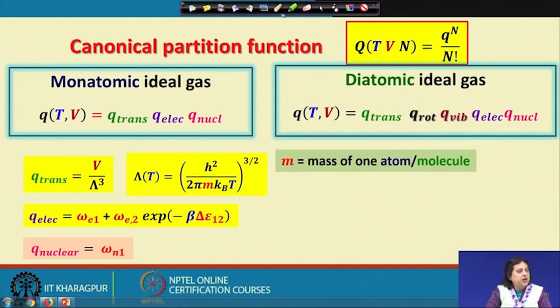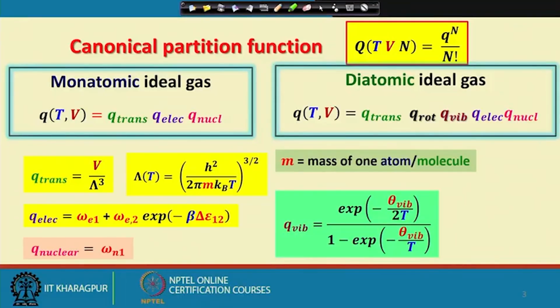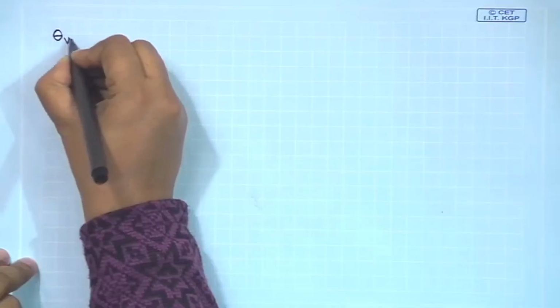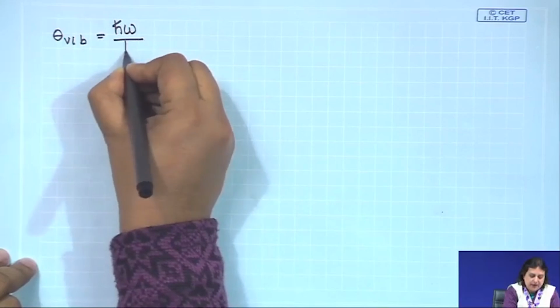And by definition, under the rigid rotor simple harmonic approximation, we have been able to show that for q vibe, if I assume the vibrations of the chemical bond connecting the two nuclei in my diatomic molecule are associated with an intrinsic angular frequency omega, then we can define a temperature which is called theta vibe, and theta vibe is given by h cross omega divided by kB.